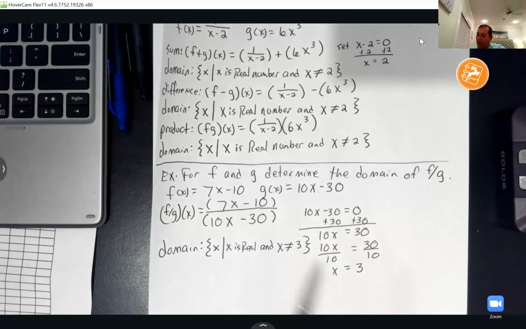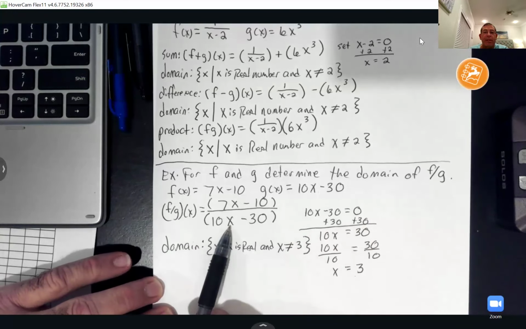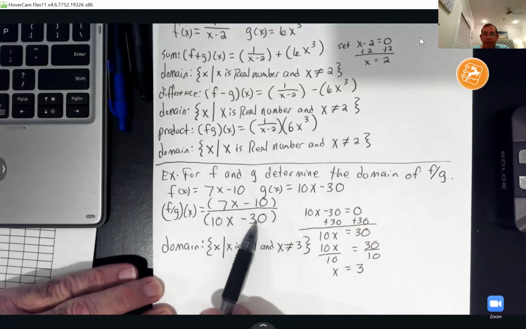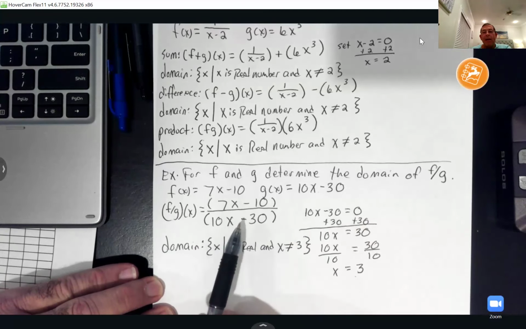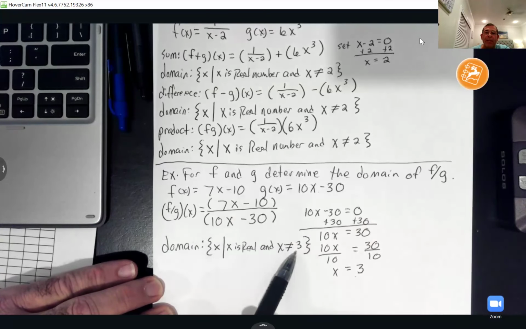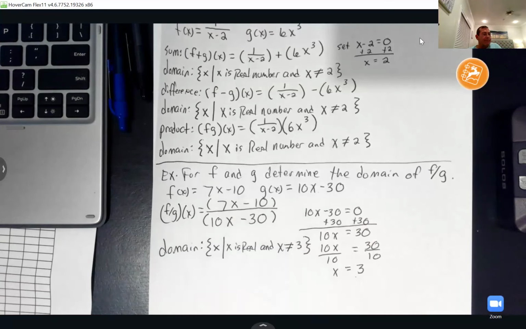Okay? But y'all, if I go down the x-axis, I can put 2's in here. 20 minus 30 gives me negative 10, which is good. I can put 1, 0. I can put negative numbers in here. There's only one number I can't put in here, and that was that 3 we found, okay?